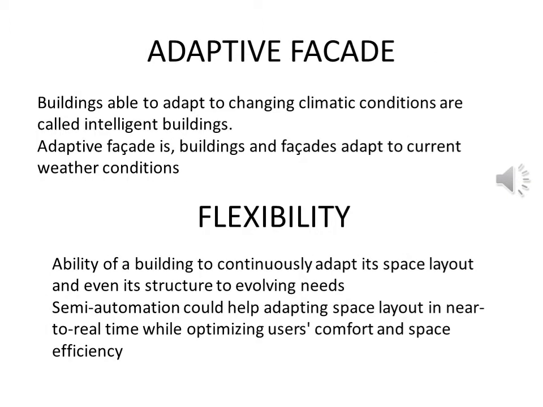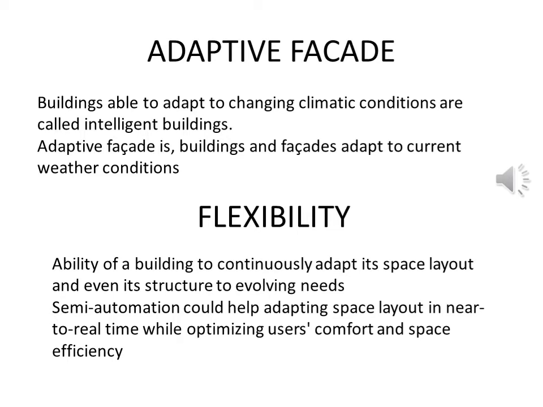If a building is adapted to changes of climatic conditions, we call it an intelligent building. Similarly, if any elevation or facade is adaptable like that, then we call it an adaptive facade. Flexibility is the ability of a building to continuously adapt its space and even its structure to evolving needs.